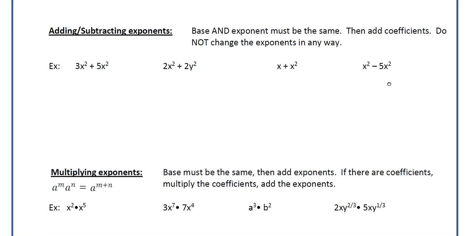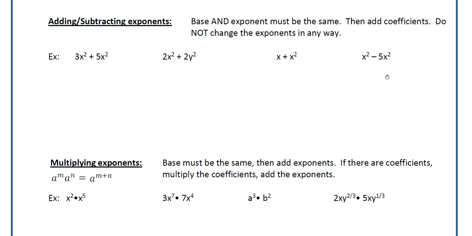All right, so moving down, adding and subtracting exponents. This is not necessarily a rule of exponents. This is just the basic rule of like terms. In order to add or subtract exponents, we've got to have the same base raised to the same power. That's just how we combine like terms.